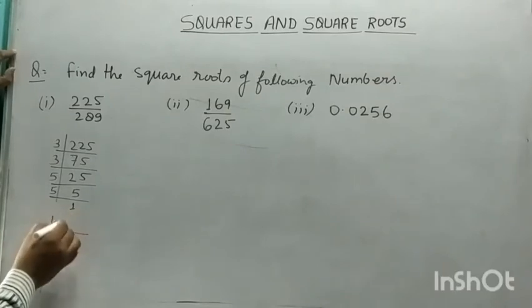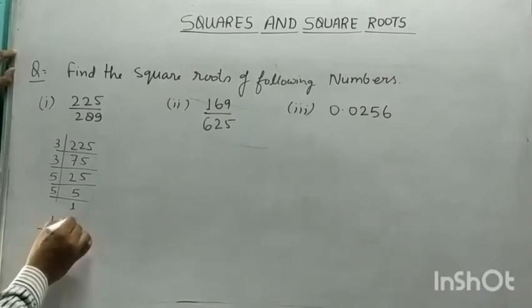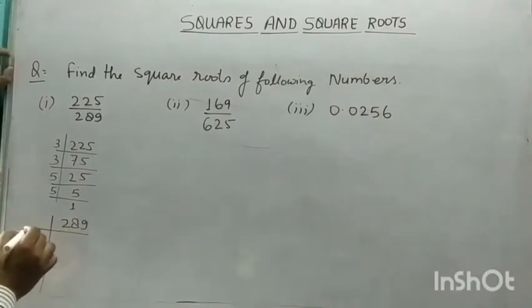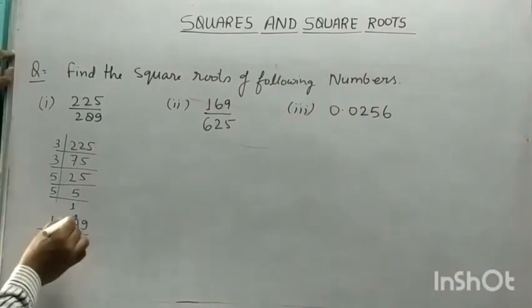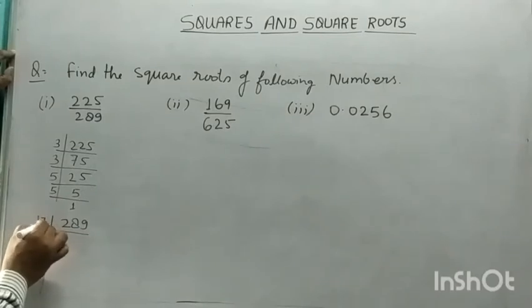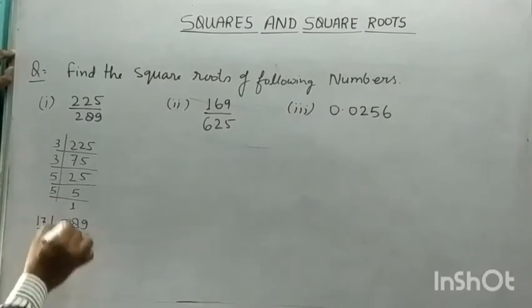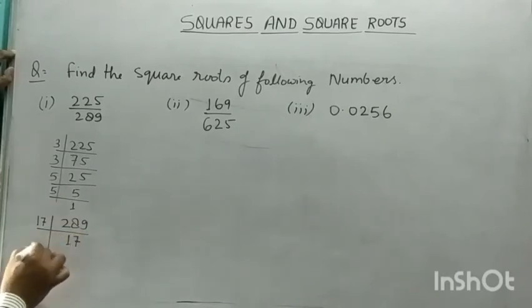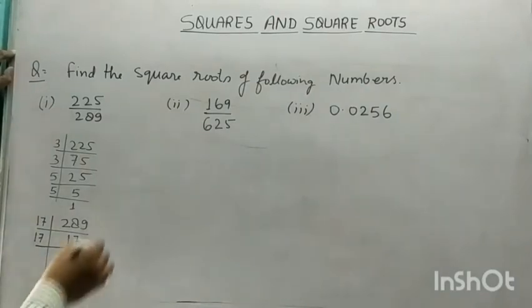Now find the square root of prime factors of 289. This is divided directly by 17. 17 1s are 17, 17 7s are 119, 17 1s are 17.